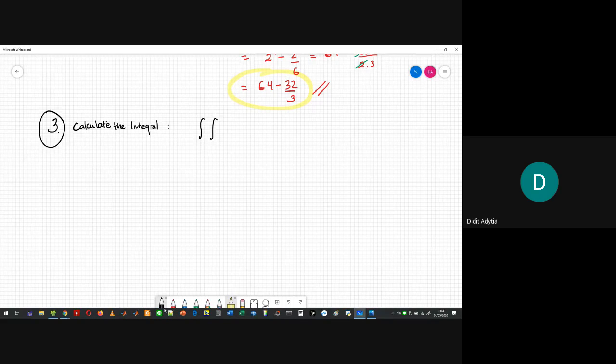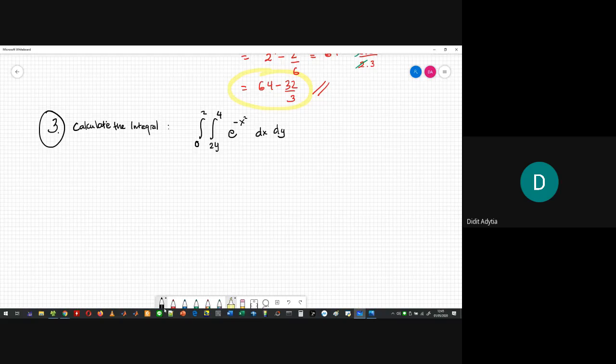So we just solve it somehow. Integral of e to the power of minus x squared dx dy, okay? And then y from 0 to 2, x from 2y to 4, okay?